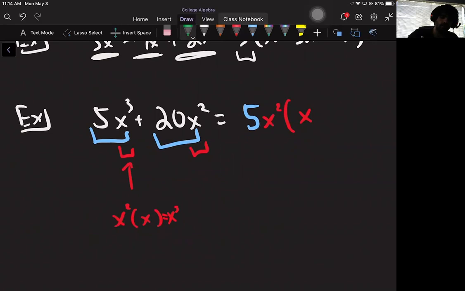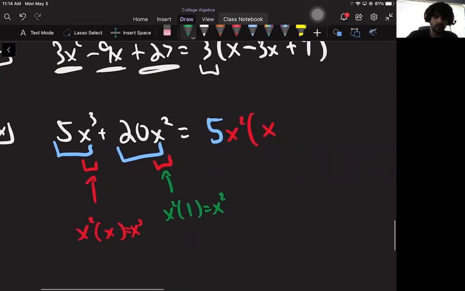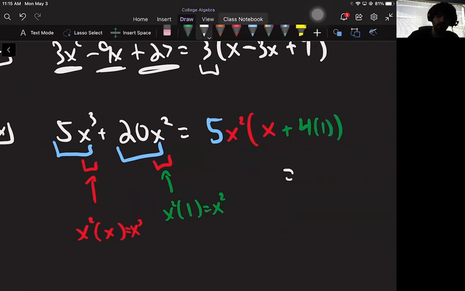And then here, if I take out x squared, I've taken out all the x's, so what's left is just a 1. I factored out everything, and so there's just a 1 left. But out of the 20, I factored out a 5, so there's a 4 left there. You could write 4 times 1 if you want, but nobody does that. You would just write it as 4.